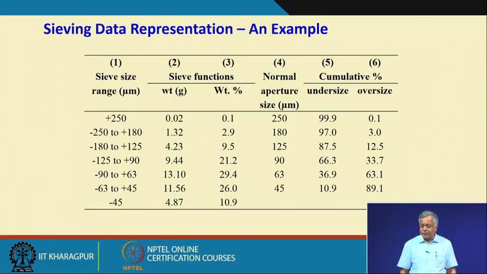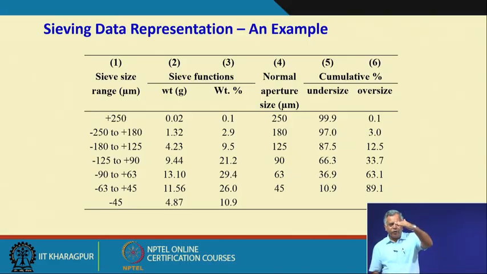The next one is very interesting: minus 250 to plus 180. It is not that minus 250 plus 180 is equal to minus 70. Please do not get confused with that. It means you have a 250 micron sieve and a 180 micron sieve. The particles which are finer than the 250 micrometer sieve will only be retained on top of the 180 micrometer sieve.